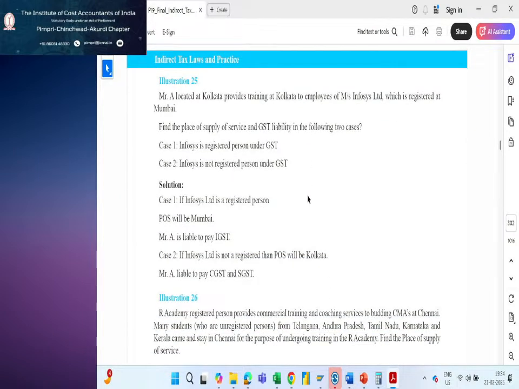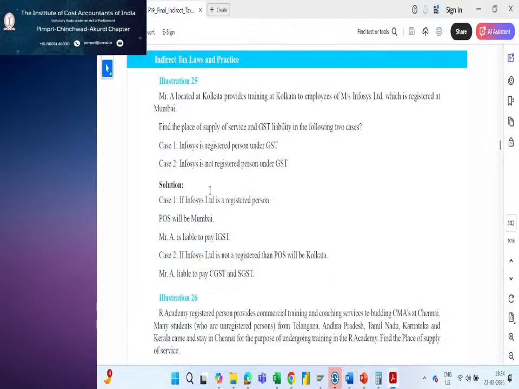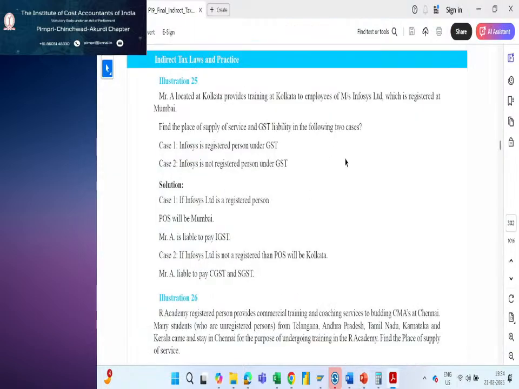Mr. A at Kolkata provides training at Kolkata to employees of Infosys Limited, which is registered at Mumbai. If Infosys is a registered person, then the place of supply is the location of such person.